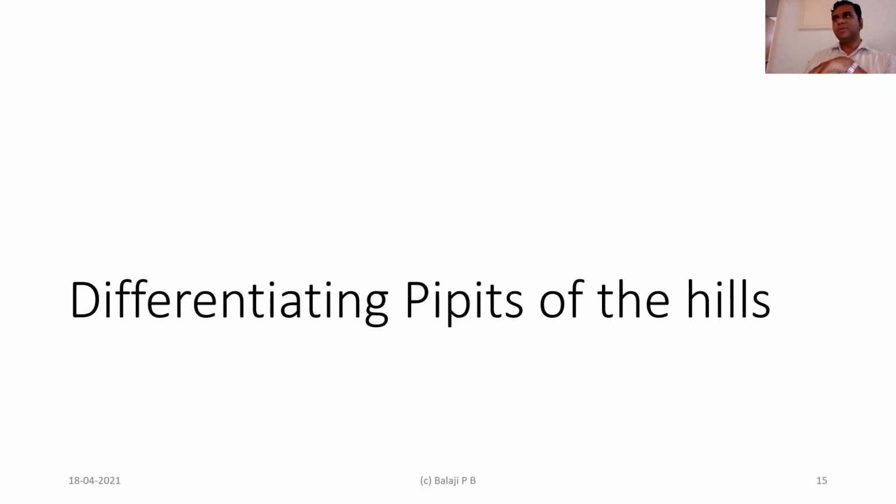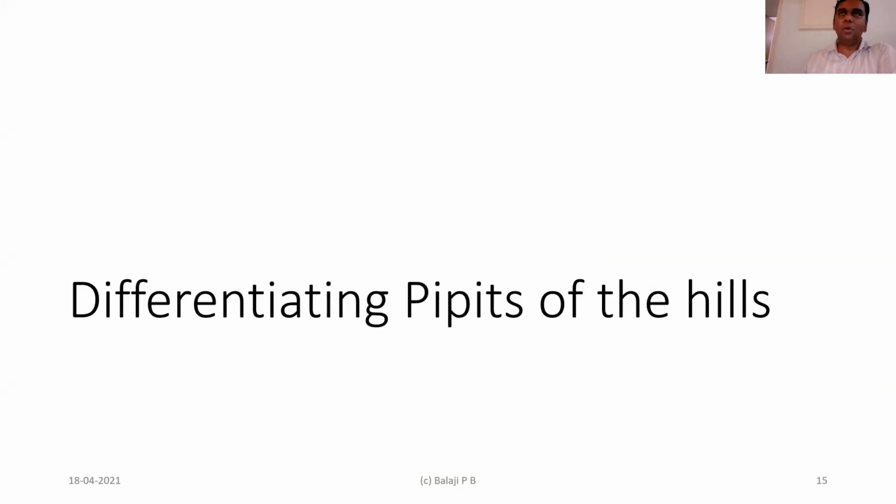Whereas the pipits of the plains are your paddy-field, the Richard's, the Blyth's, the tawny, and your red-throated pipit. All the rest of the pipits are your pipits of the plains. So let's say you're in a location about 1,000 to 1,500 meters above sea level, and you see a pipit. This pipit has to fall among the 3 or 4 pipits that we discussed.